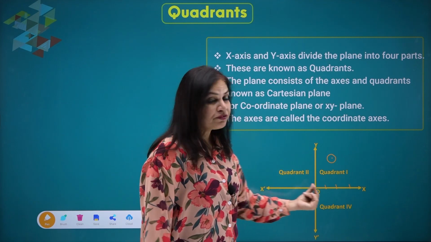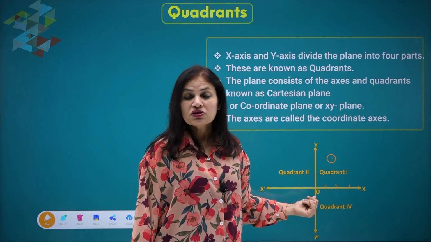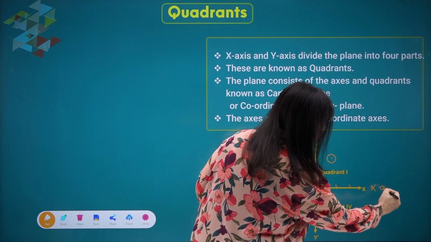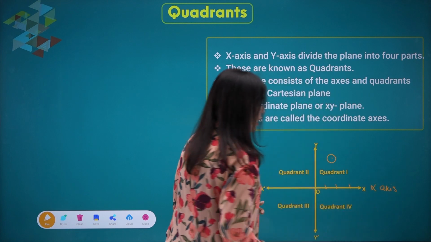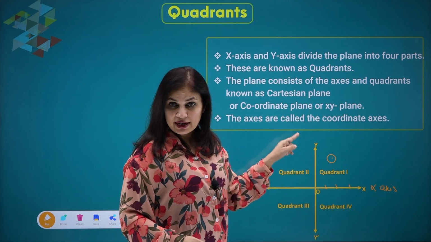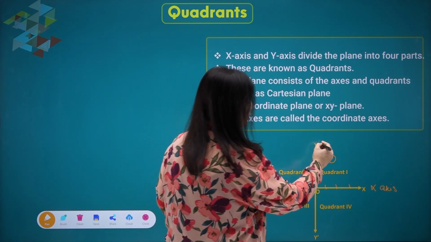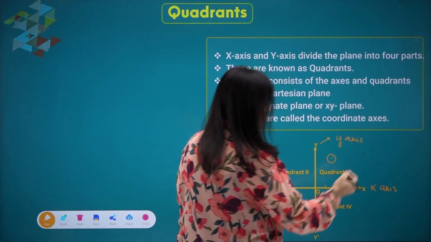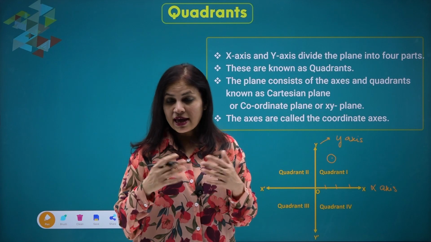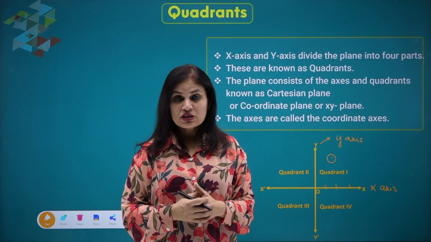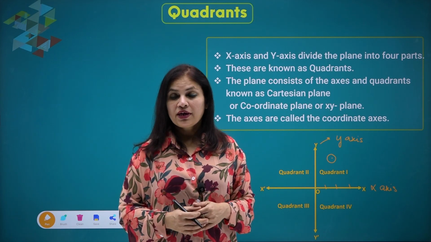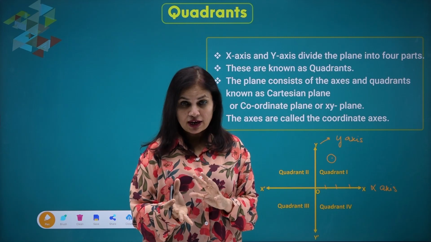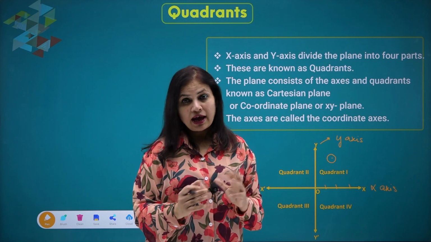The entire horizontal number line is known as the x-axis, and the entire vertical line is known as the y-axis. And the x-axis and the y-axis together are known as coordinate axes, because there is a coordination between the two values x and y.